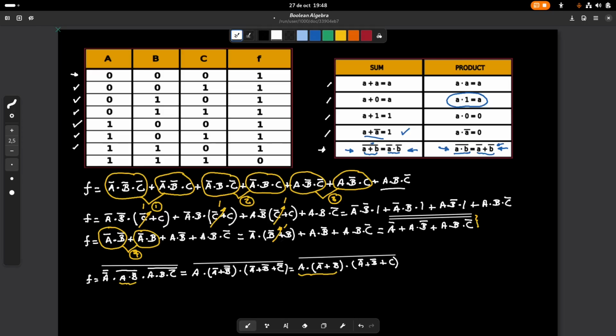Okay, so we have this, that this equals, by using the distributive law, I have A and A negated, or A and B and A negated or B negated or C. And I rewrite the negation above.